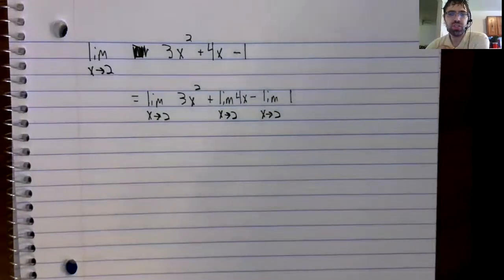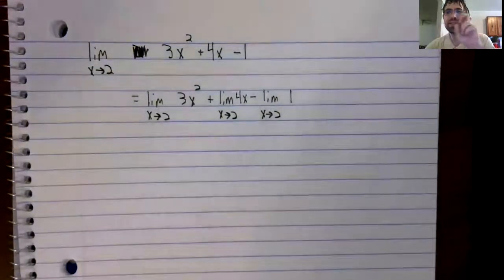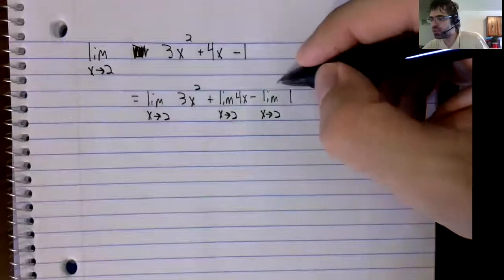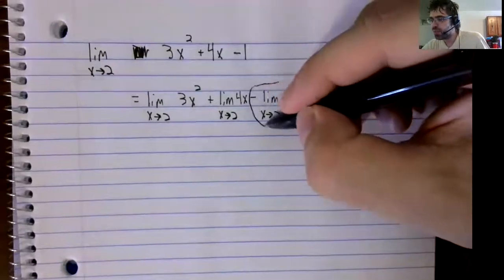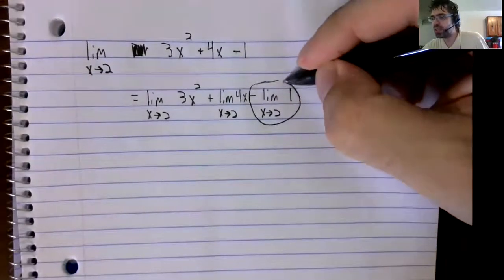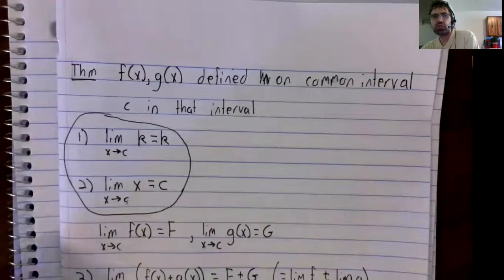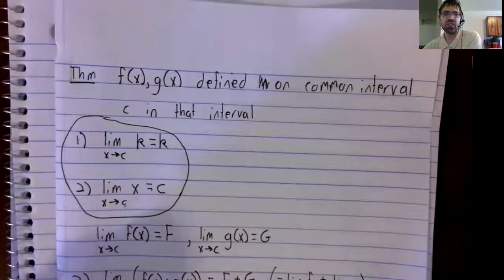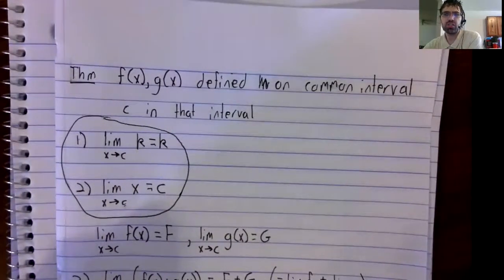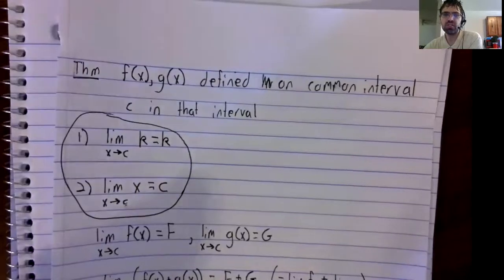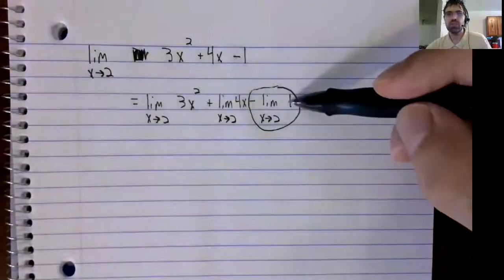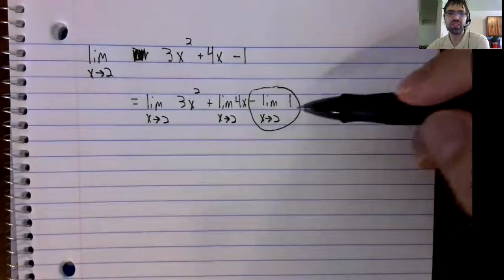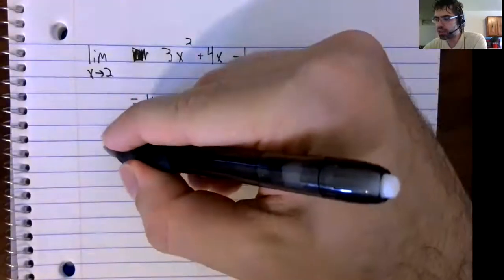Let's first take the easy limit, by which I mean this. The very first rule we have here says that the limit of a constant is just the constant. So this limit is 1.